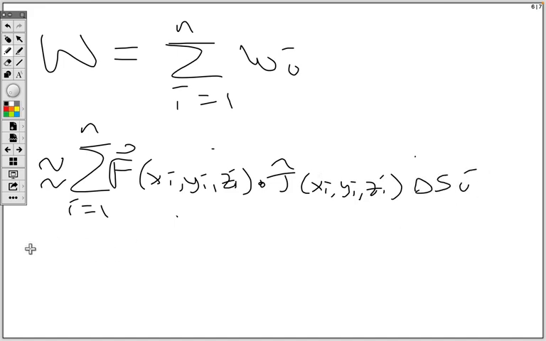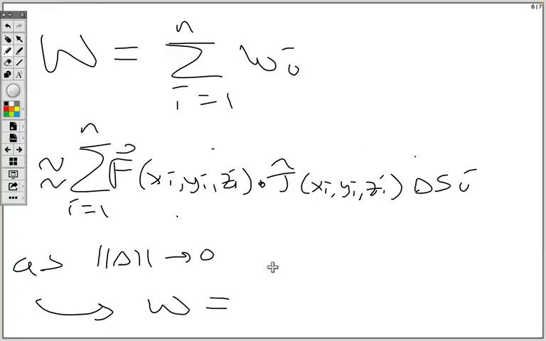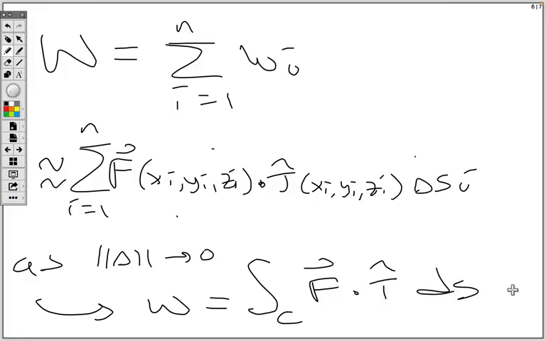Okay, and now I'll take a limit of this as the norm of the partition goes to 0. So that means we're chopping this curve up into smaller and smaller pieces. Since F and T are continuous, we would get that the work is the integral over C of F dot T hat ds, which is our line integral.